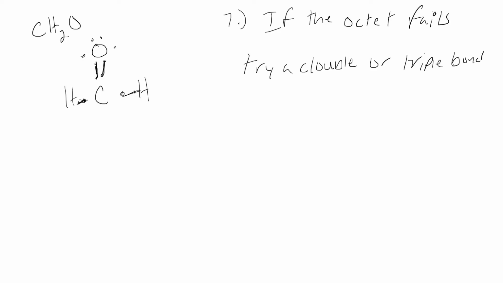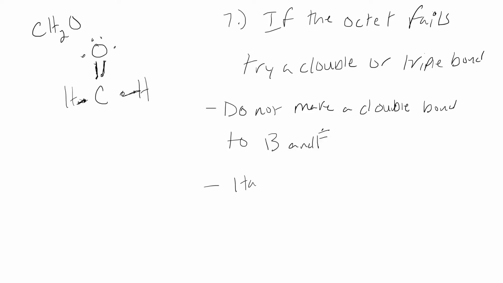Now what you want to remember, do not make a double bond to boron or fluorine. Those are the biggest ones, actually, because you'll come across them and you will make double bonds, and that's not good. So you want boron and fluorine.